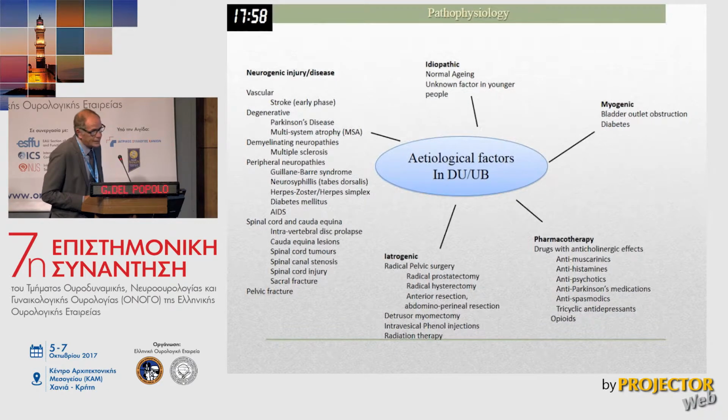We also have iatrogenic causes, such as pelvic surgery, radical pelvic surgery, such as prostatectomy in men or radical hysterectomy in women. And we can also have a myogenic cause, such as in patients with diabetes, or some effect of pharmacotherapy in patients with comorbidity, especially in elderly people.